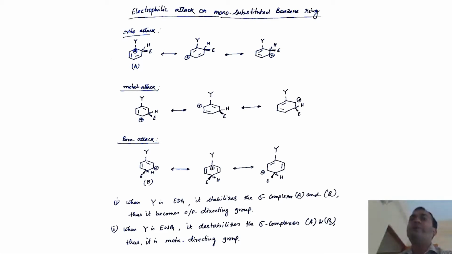Now we also have to make the resonance structures. It will have three different resonating structures. If this bond moves here, you have a positive charge here, and again if this bond moves, you have a positive charge here. So you have a positive charge here, here, and here. We have to actually see their stability.